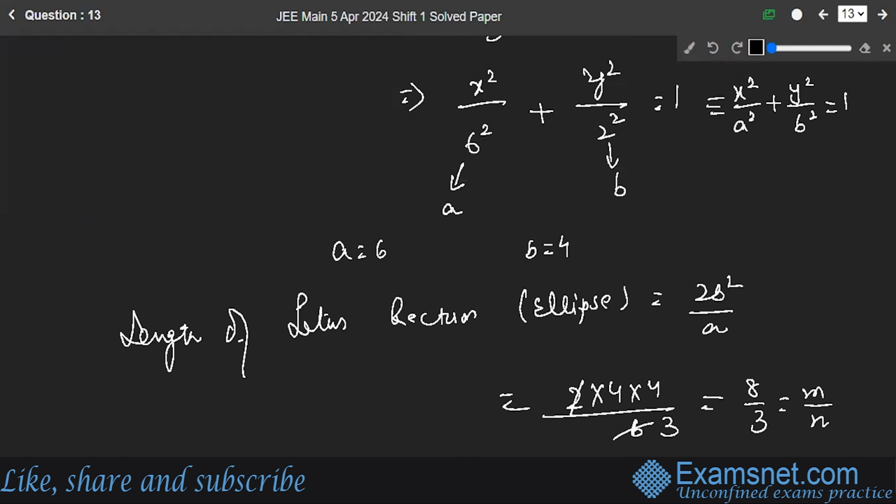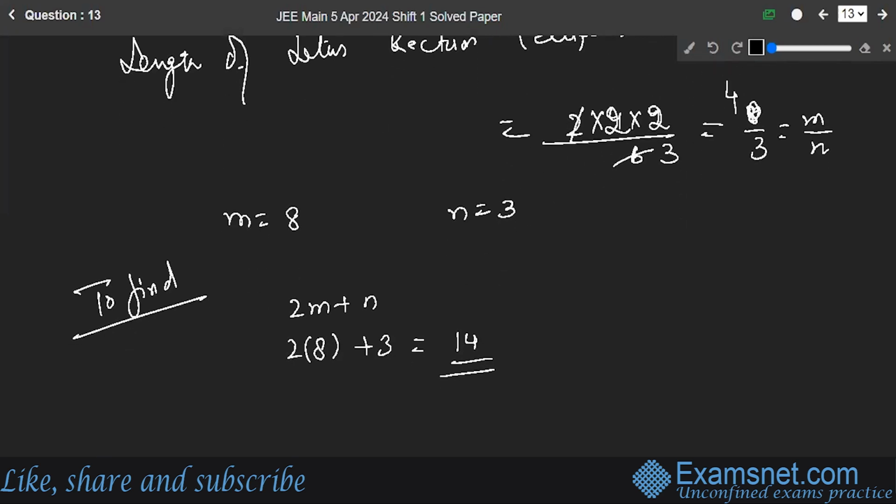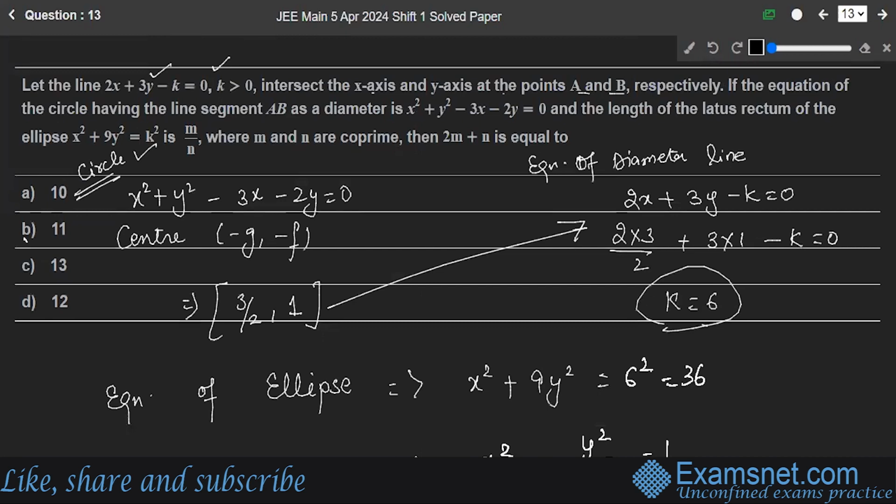B was 2, not 4. Let's do this again. 2 into 4 plus 3, you have 11 as the answer. Okay, so here you have option B. This is the right answer to the question. Hope you got that. Let's move to the next thing.